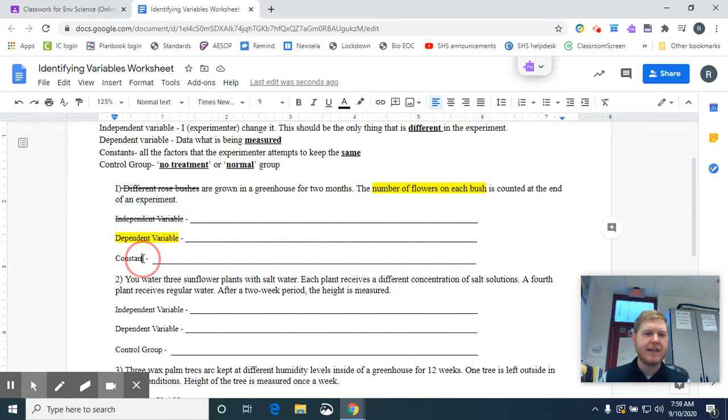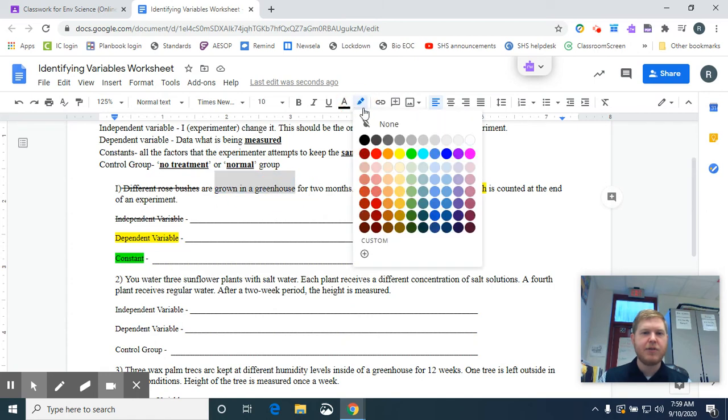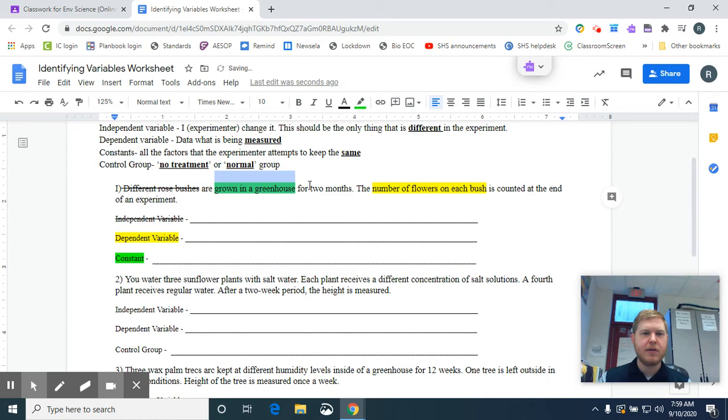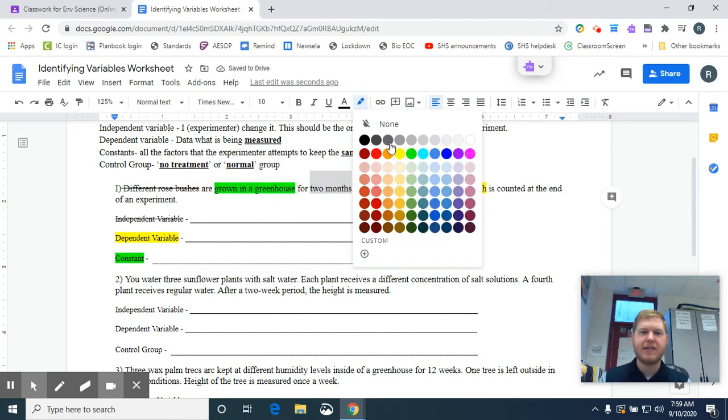Now remember, constants are things that are kept the same in the experiment. You're going to have multiple of these. Anything that's the same between those rose bushes, well, I know they're grown in a greenhouse. They're all grown in a greenhouse for that time, so that's all the same. They're all growing for 2 months. That's something else that's the same.